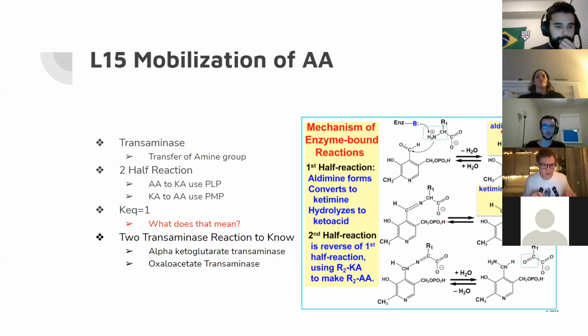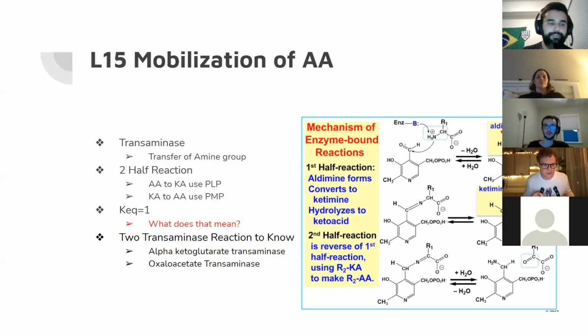Wait, could you say that again? Basically, since we have this dynamic equilibrium in the amino acids, if there is any change in our body and our metabolism, it's going to affect this equilibrium and move the reaction to make either more amino acids or more keto acids, depending on the condition.